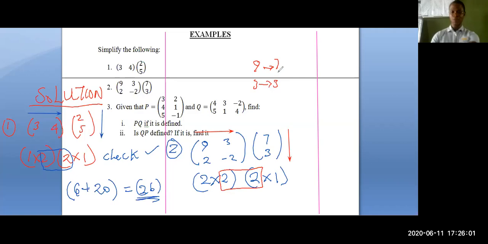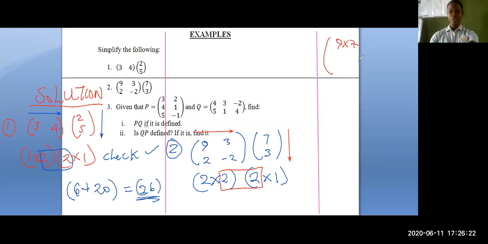So it is an addition of sums. All right, so take note of that. So 9 times 7 is going to give us, plus 3 times 3 gives us 9.